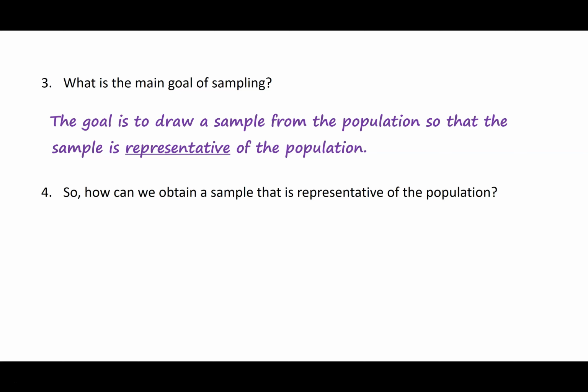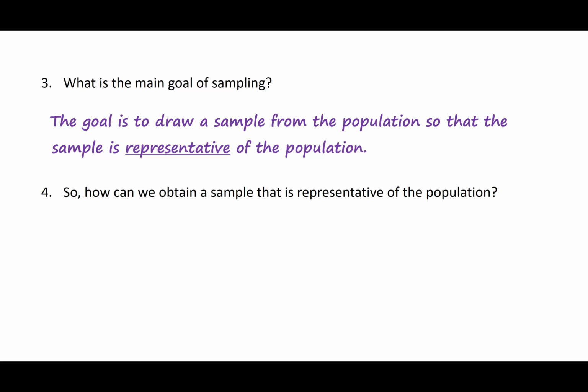In other words, we want our sample to be like a mini population. If you were looking at a university, you would want whatever gender demographics in your population to also show up in your sample. You would want whatever age demographics are in your population to also show up in the sample. You want your sample to be as close to a mini population, like it represents that population, as possible.